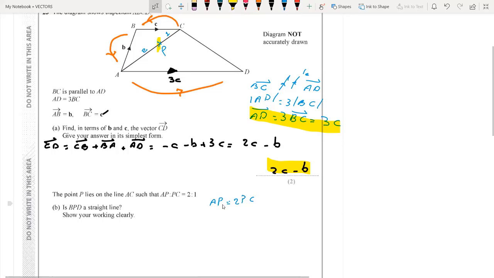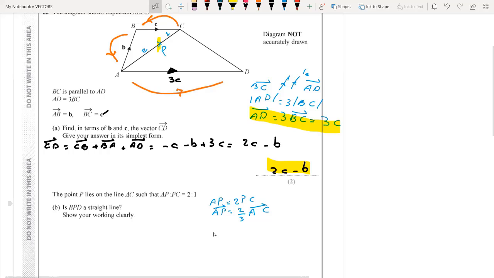This is in terms of size. In other words, AP in terms of size is equal to 2 over 3 AC. In terms of vector, AP vector is the same direction as AC vector. So we can say that AP vector is equal to 2/3 AC vector.